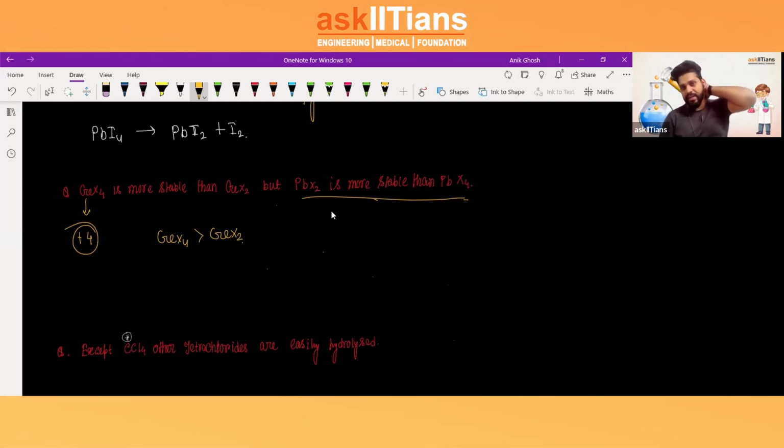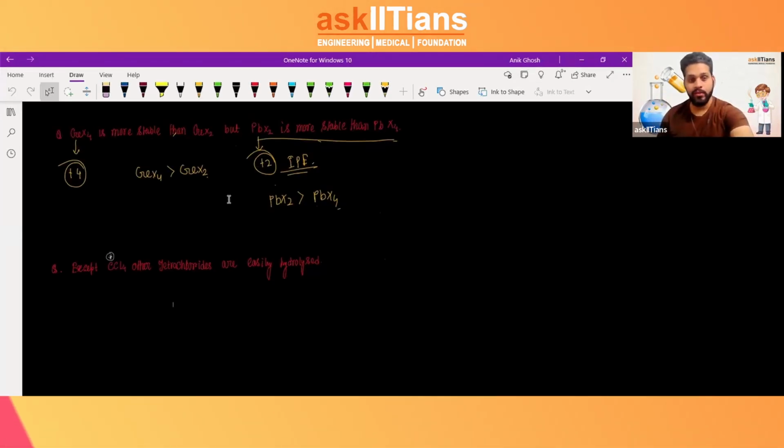But when we are talking about lead, the most stable oxidation state is +2 because of its inert pair effect. So as a result, PbX2 is more stable. Okay, understood? Okay, guys, so let's go for the third question now.